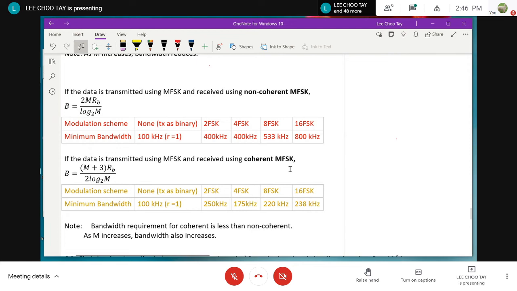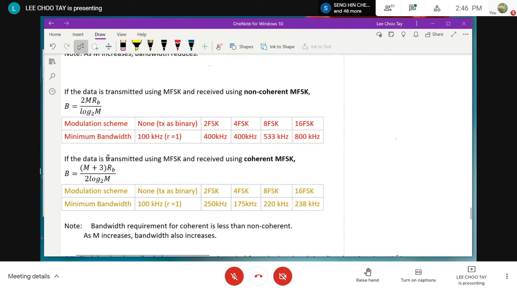For FSK, you have a choice between non-coherent and coherent, and the bandwidth requirements are different. For non-coherent, the equation for bandwidth is given by this expression, and for coherent it is given by this.